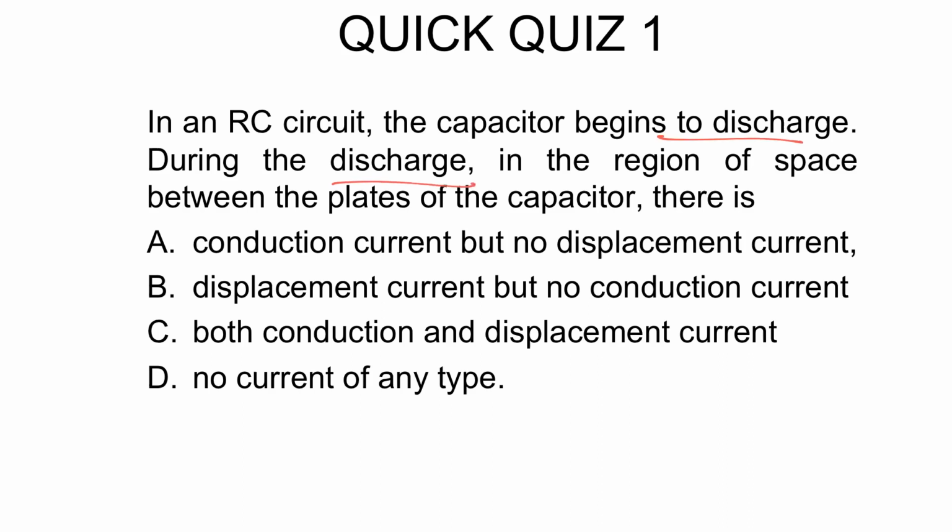During the discharge, in the region of space between the plates of the capacitor, there will be no current flow, but there will be an electric field passing between the plates, which means that the change of electric field produces a displacement current, but there will be no conduction current. Conduction current cannot flow between the plates; if not, there would be a short circuit.